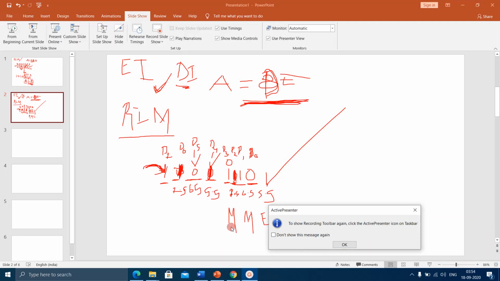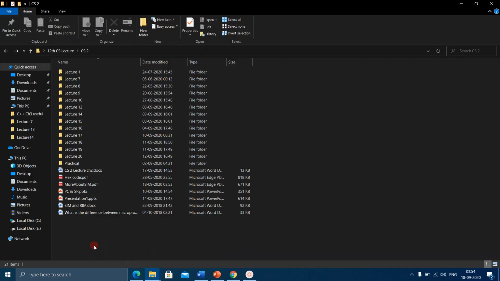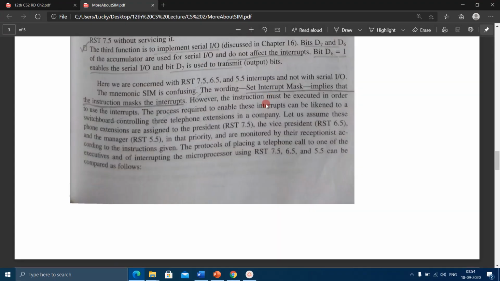There is an analogy for understanding the SIM instruction. The analogy is something like this. Let us assume the process required to enable the interrupt. When we talk about the MSE bit, the process required to enable the interrupts 7.5, 6.5 and 5.5 can be linked to a switchboard controlling 3 telephone extensions in a company.